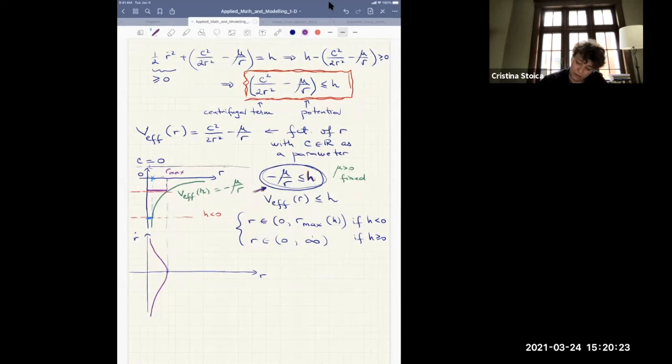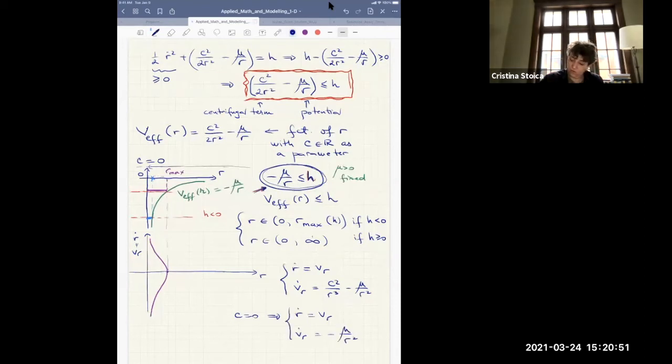So what is the equation of motion, by the way? We had R dot is VR, VR dot was C squared over R cubed minus mu over R squared. And now we have C equals 0. So we have R dot is VR, and VR dot is minus mu over R squared.